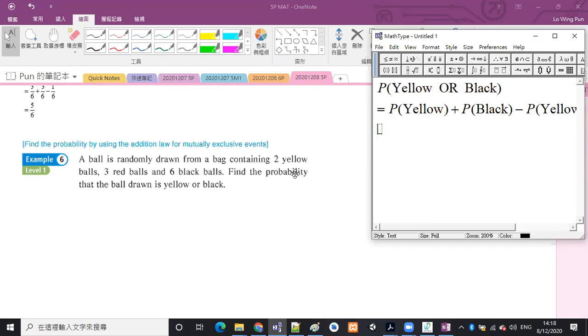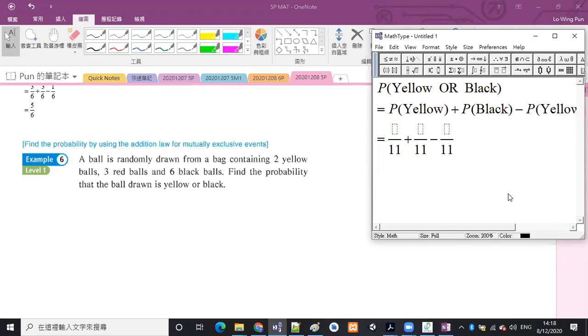Okay, and then this will be a fraction plus a fraction minus a fraction, and we know that each of them will have the same denominator and they will be equal to 11, right? Because all of them are doing the same thing, just selecting a ball from the 11 balls.